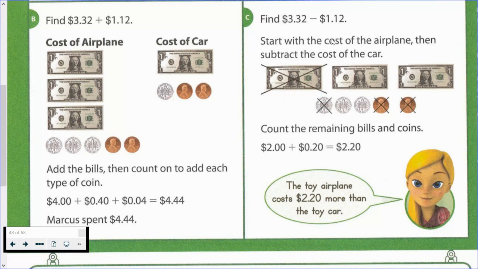They're also showing you here subtraction and how you could possibly solve that. Now, as you're working with this, of course, you can use a calculator, but my advice would be to solve it on scrap paper first and then check your work with a calculator.